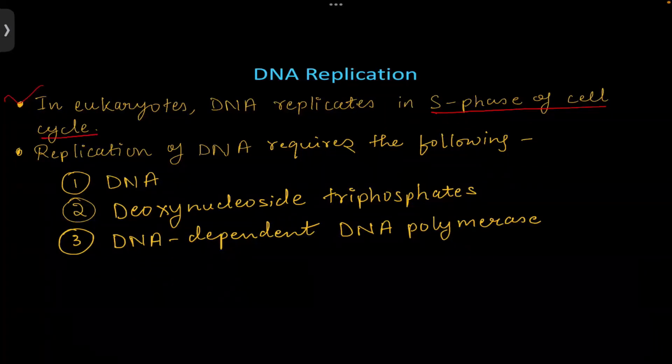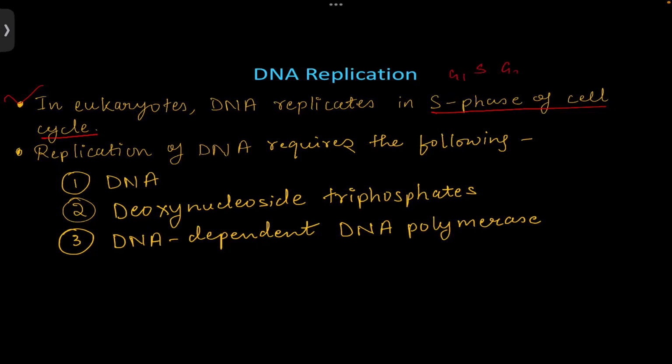If you remember the cell cycle that you studied in class 11, there was G1 phase, S phase, G2 phase, M phase. So in this S phase, if you remember what happens, from the original copy of the DNA, a new copy of the DNA is formed, right?